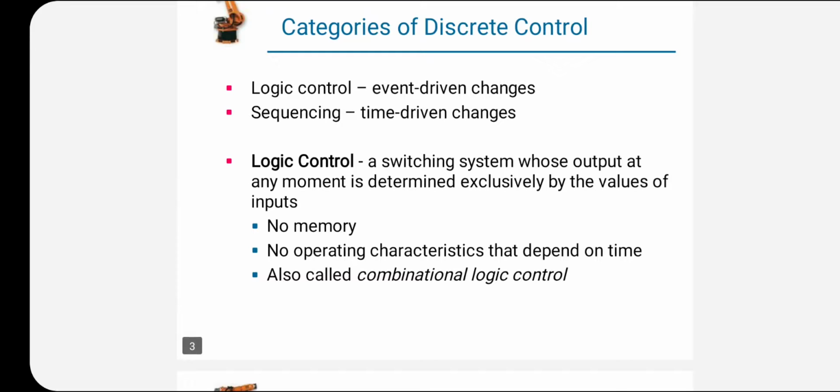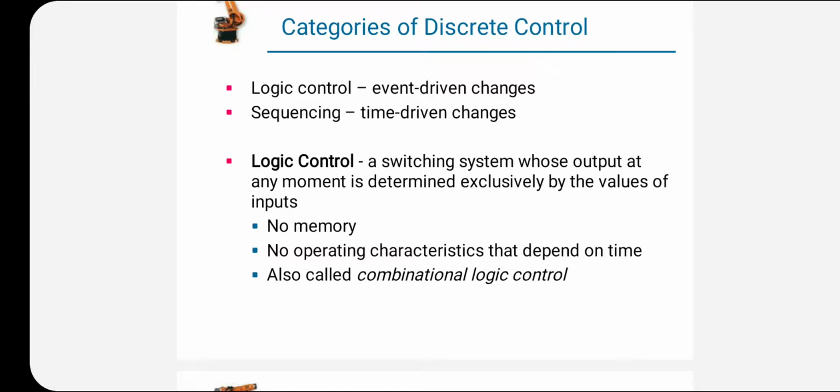So there are different categories of discrete control. First is logic control and second is sequencing control. Logic control is event driven change and sequencing is time driven change.